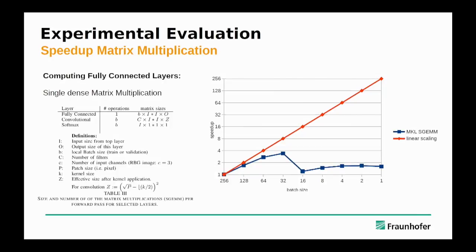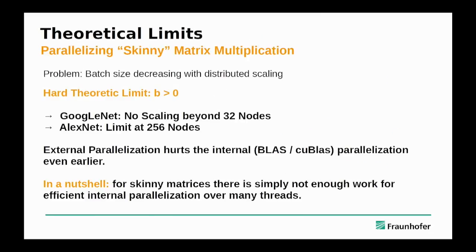And if we just plot here how long the matrix multiplication takes, we see that this will drop. Actually, the Math Kernel Library manual tells you not to use matrix sizes below 32 in each dimension. So this is one real problem. And there you can get to some theoretical limits. I will skip this part.